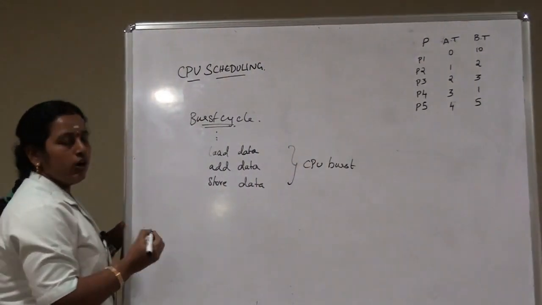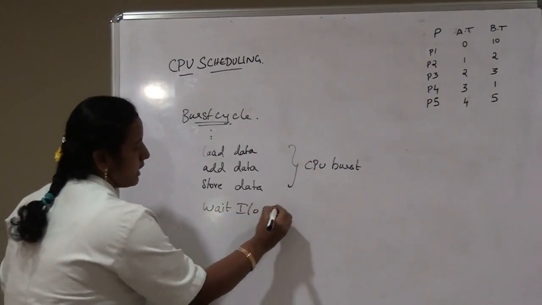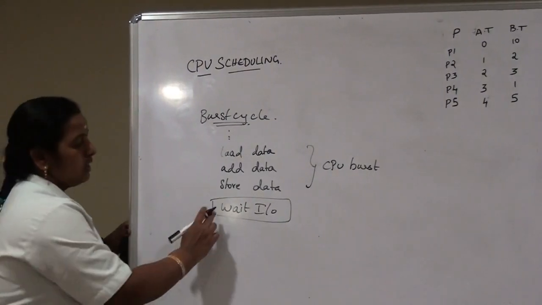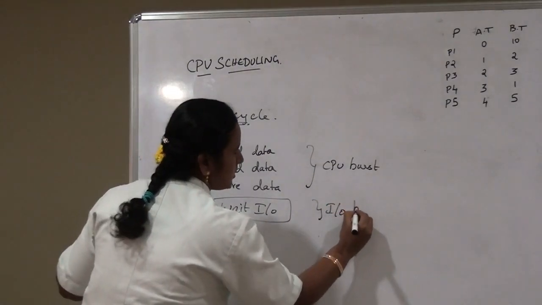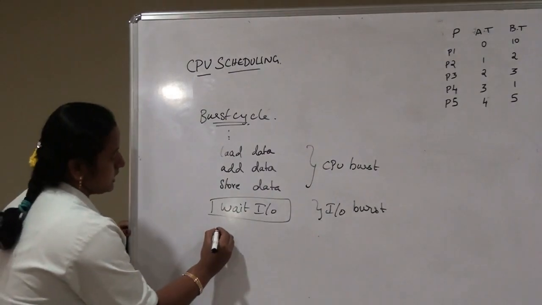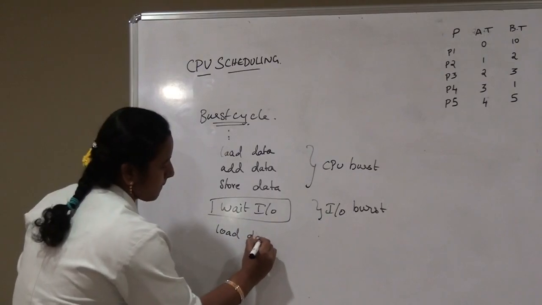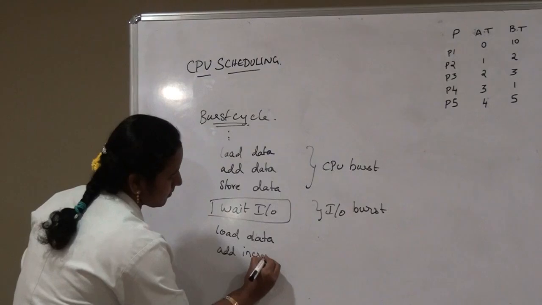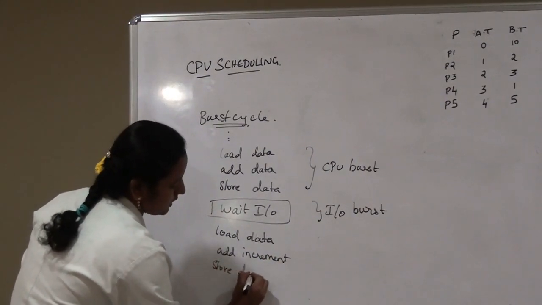Next we will go for IO. After this completion, there will be an IO burst. Here the process will be waiting for the IO device completion. So this is called the IO burst. Next, again the cycle continues: load data, add increment, and then store data.